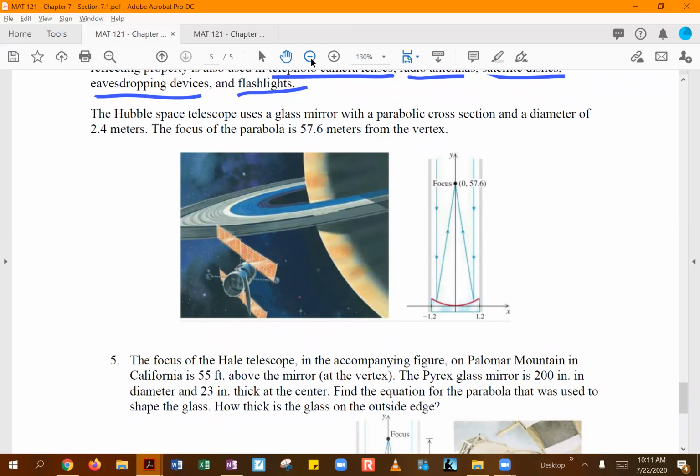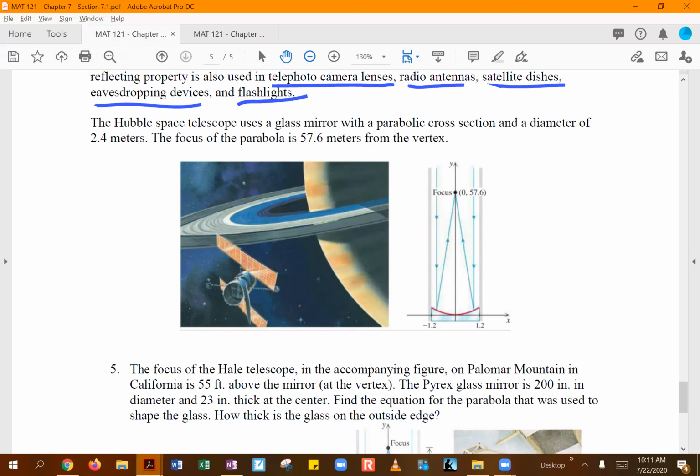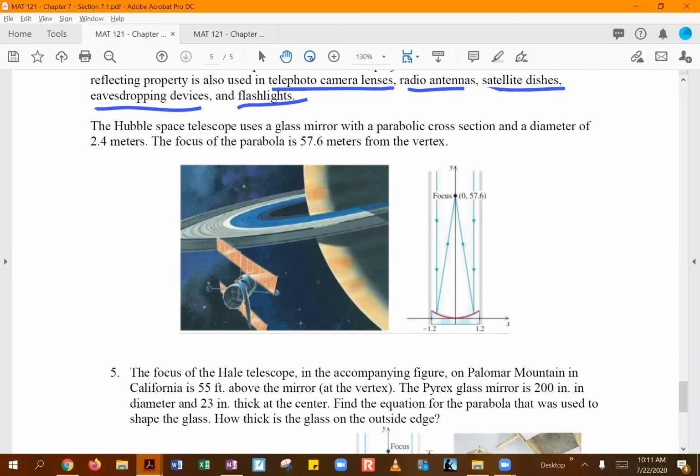Of course, Hubble Space Telescope is one of our most famous space telescopes out there, till the James Webb telescope is launched. I think early next year is when they're thinking of launching it. So they're talking about how the Hubble Space Telescope uses a glass mirror with a parabolic cross section. It has a diameter of 2.4 meters. So you can see if we take this axis of symmetry in the middle, then that 2.4 meters gets broken up into 1.2 meters and 1.2 meters on each side of our axis of symmetry.